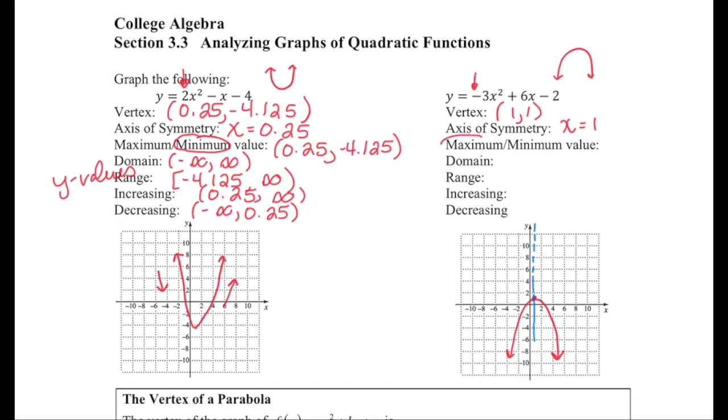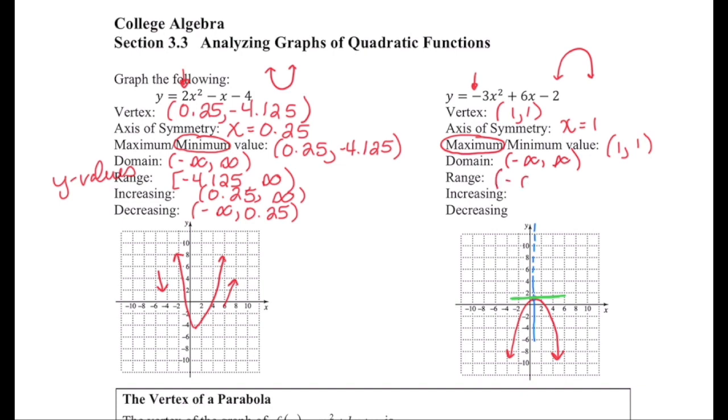This is a maximum value since the highest point is the vertex itself. Even though it's upside down, our domain will still be negative infinity to infinity. Our range will be different because notice the highest point we go is at positive 1, but everything below is included.